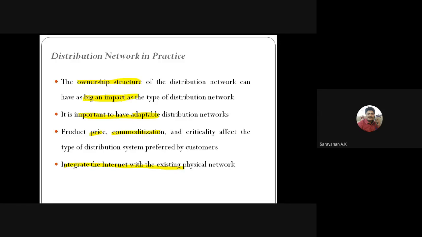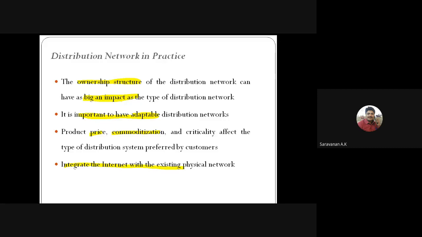The distribution network has exactly the same physical flow, but different owners will be there for each distribution channel, which means their performance will be different.